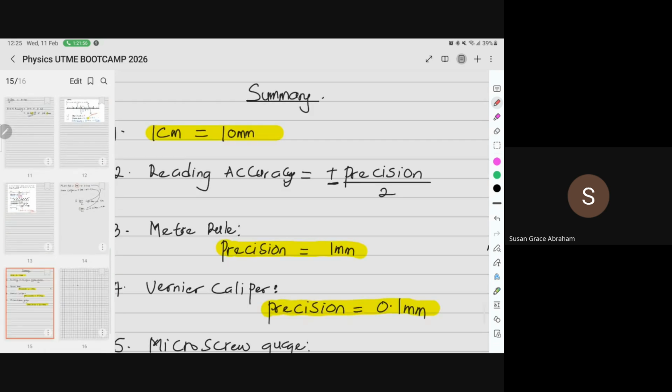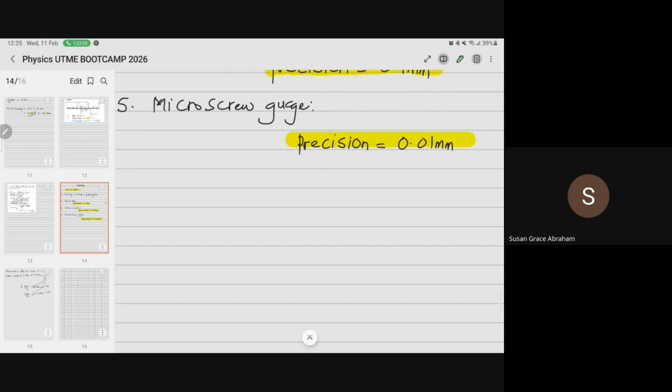All right. So summary here, right? I've given you the precision. Now, the sixth one is reading a vernier caliper.